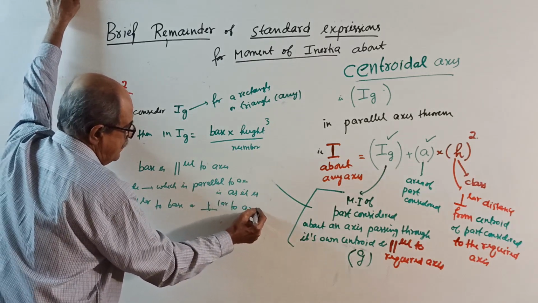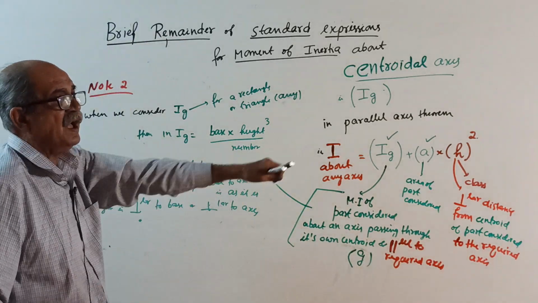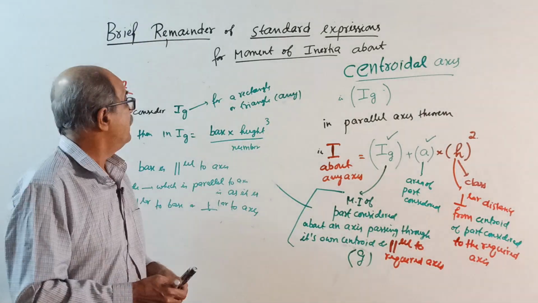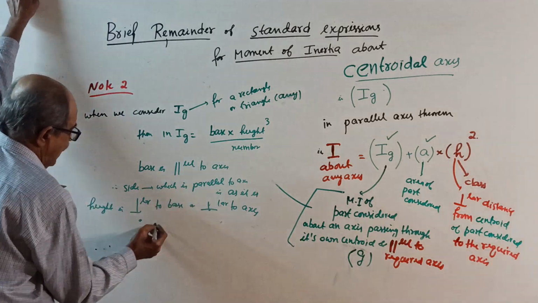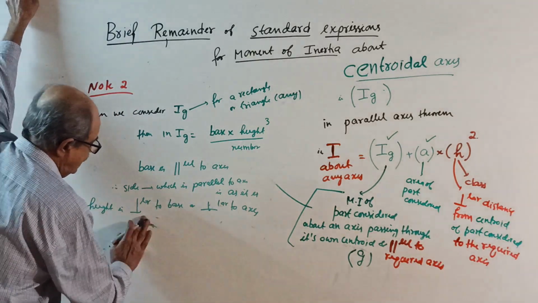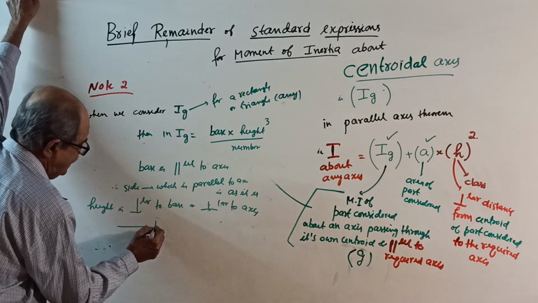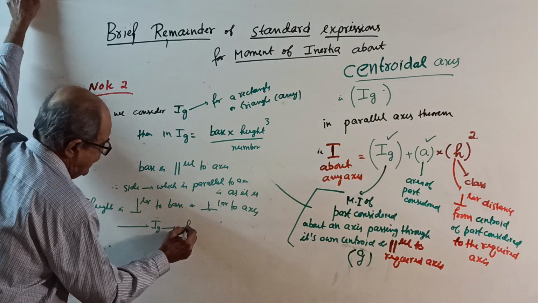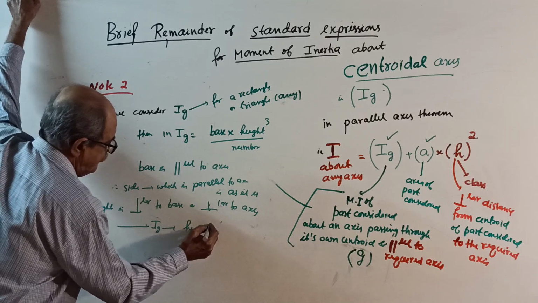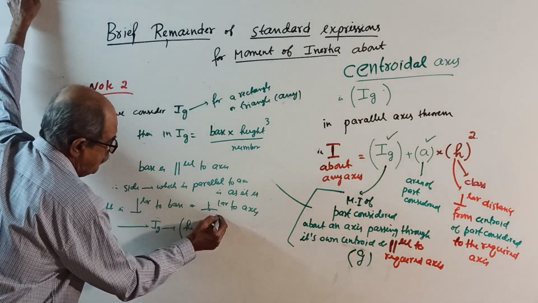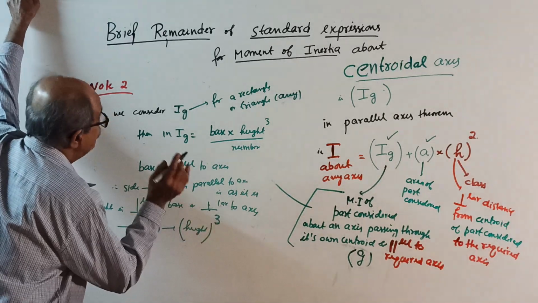Why? Because base is parallel to axis, height is perpendicular to axis. Therefore, in the term for IG, that height will have power 3, that is cube.